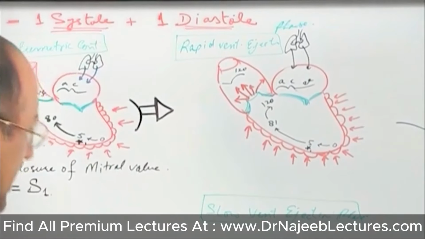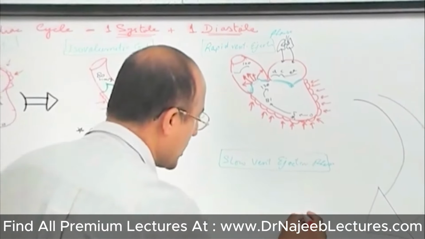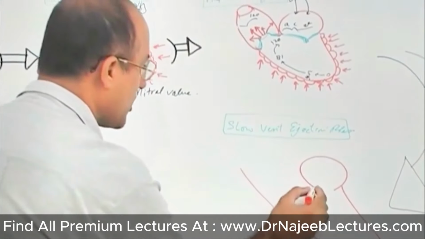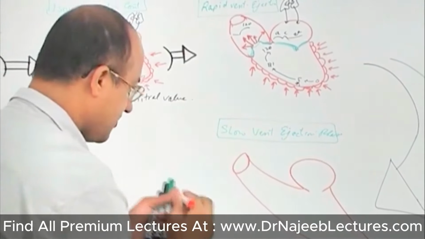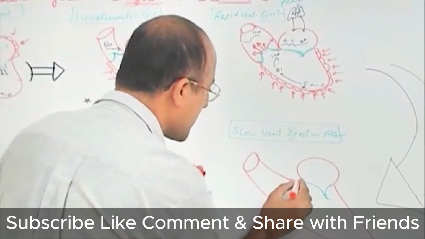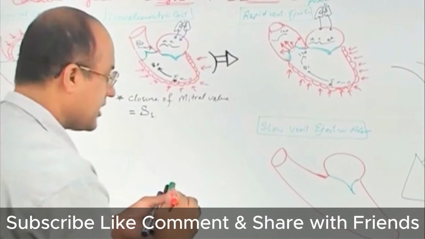Now, again, let's consider the three chambers during the slow ventricular ejection phase. As we have discussed, throughout the ventricular contraction, the mitral valve will remain closed as pressure in the ventricle remains constantly higher than the pressure in the atrium.